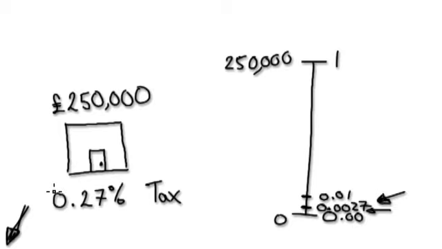Okay. Well, actually, to represent this as a decimal, it would be 0.0027. Okay. I know this one's tricky. You probably have to ask an adult to explain this again to you if you want.